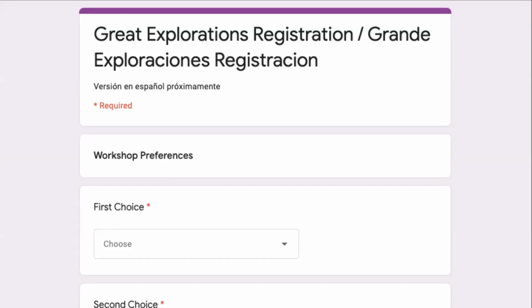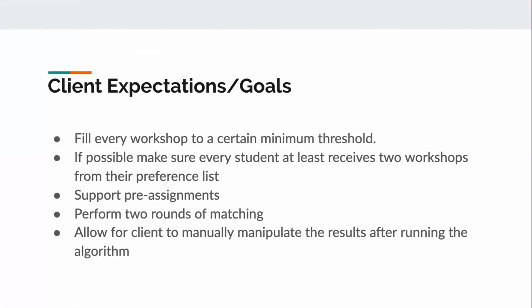Technically, the people who register could all select the same workshop for all their preferences, or they could accidentally duplicate a choice, which we considered in our algorithm. From this form, we collect all the data that we need from the people who register, as well as the workshop information that we get from the client.